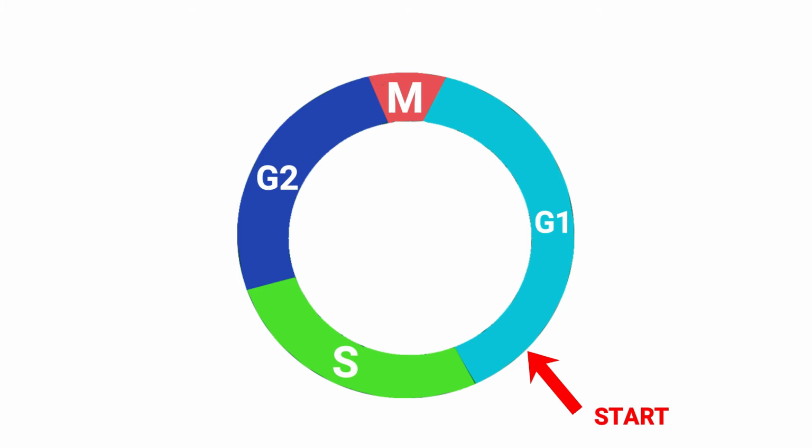The next transition point is G2/M. Here also the cells need special factors that we can study later. The third transition point is in the middle of mitosis, and it determines whether the cells have completed cell division and re-enter G1 of the next cycle.